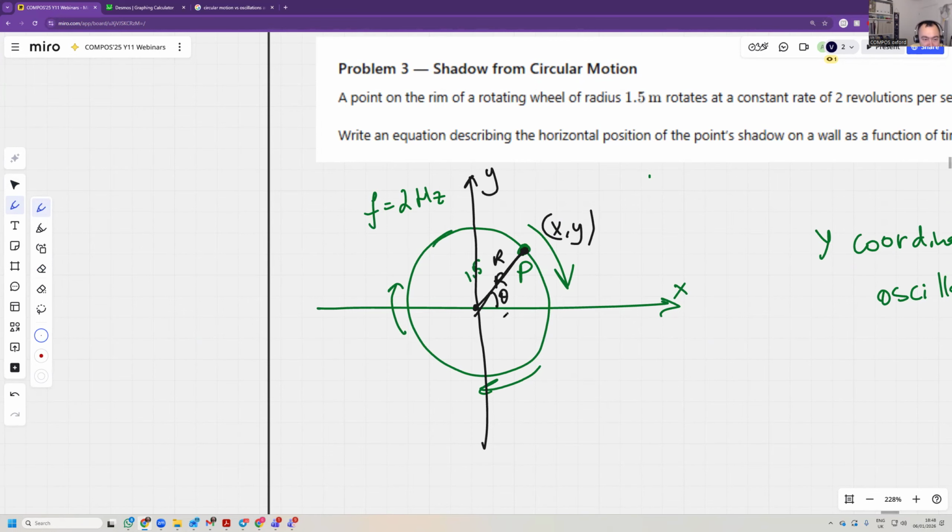And if this angle is theta, let's say it rotates in that direction for simplicity, then this is a right angle triangle, and this side is equal to r cos theta, and this side is equal to r sine theta. But also that's equal to y and that's equal to x. So in other words, the x coordinate of point P is r cos theta.